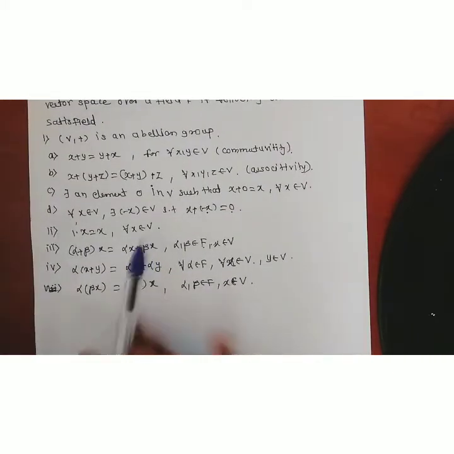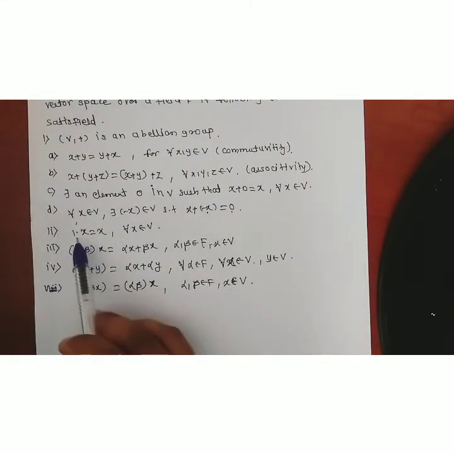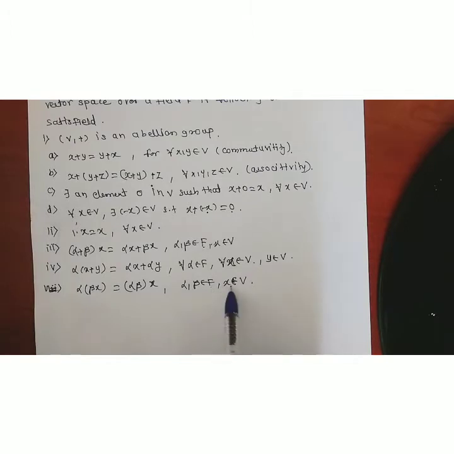And the other properties under multiplication: 1 into x is equal to x for x belongs to V, then alpha plus beta x is equal to alpha x plus beta x, alpha into x plus y is equal to alpha x plus alpha y, and alpha beta x is equal to alpha beta into x, where alpha and beta are elements of the field F and x and y are elements of the set V. Therefore, by showing these properties, we show that the given set V is nothing but the vector space over the given field.